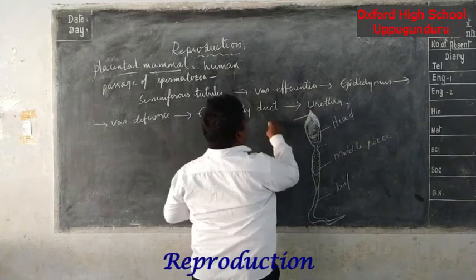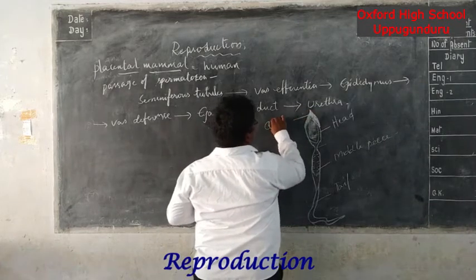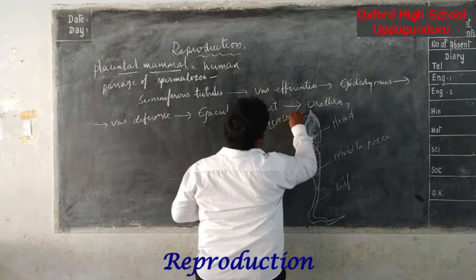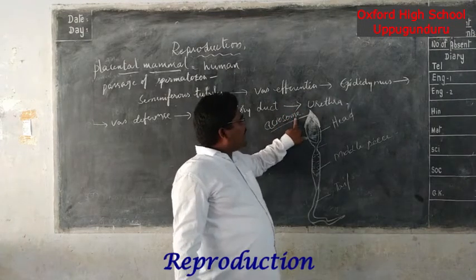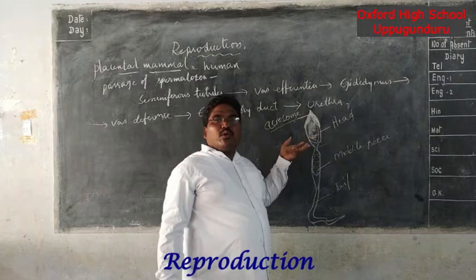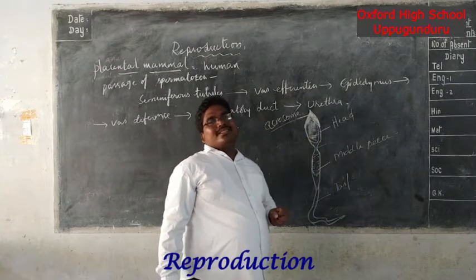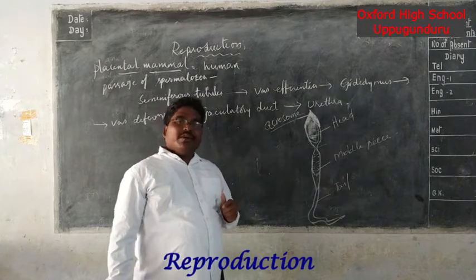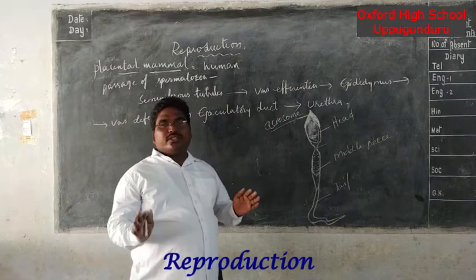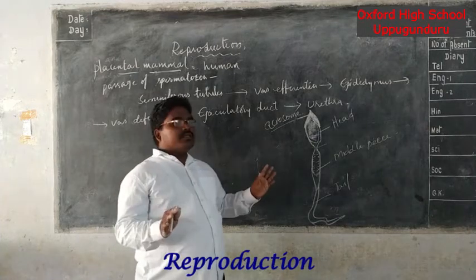This one is the acrosome. The acrosome is a crown-like structure which helps in penetrating the ovum during fertilization. Follow your textbooks. There is no confusion about it.